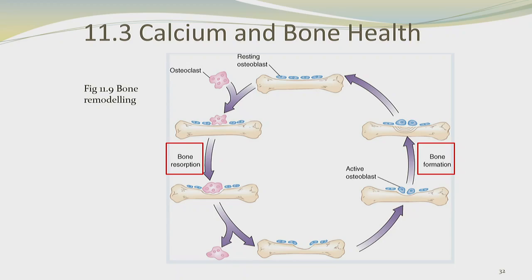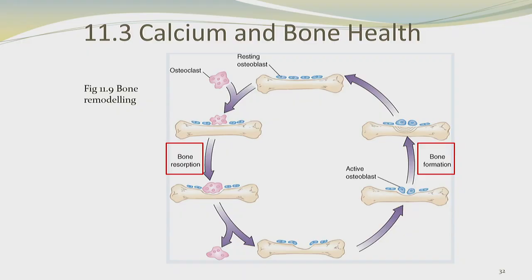The breakdown is what we call bone resorption. For example, here we see active bone formation taking place, and this is a result of the activity of cells in the bone called osteoblasts. We have osteoblasts with a B and osteoclasts with a C.